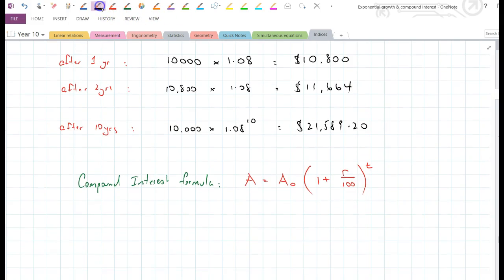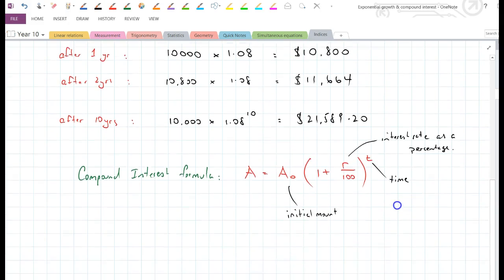A is the final amount, A naught being the initial amount, R being the interest rate as a percentage, and T being the compounding period, the time.